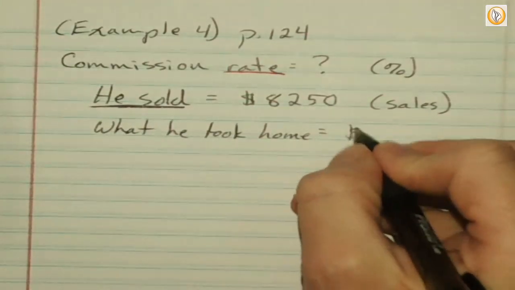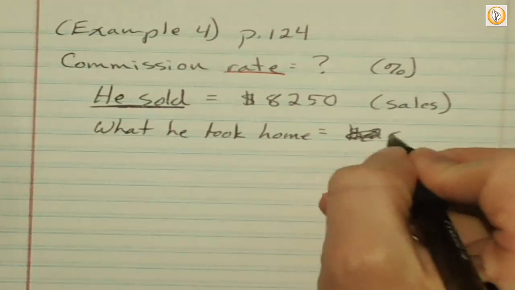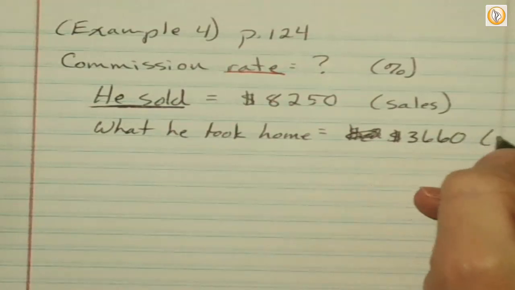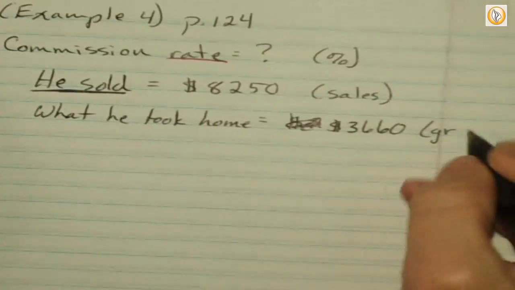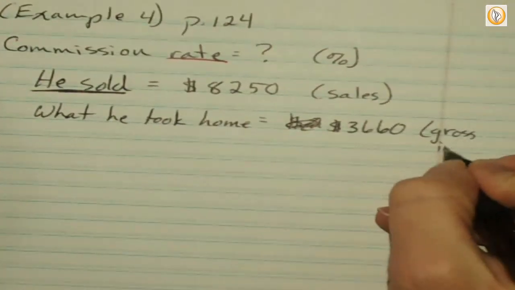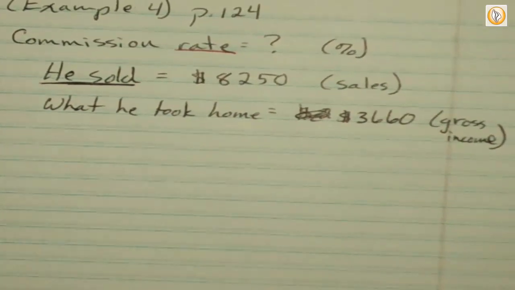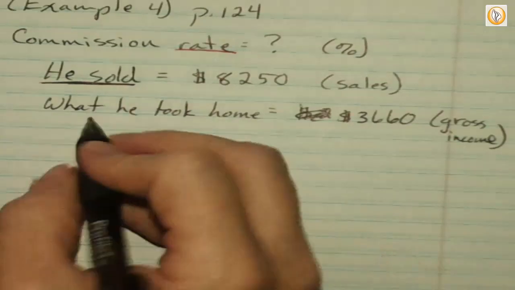That's going to be our gross income. When they say gross income, that's what you take home. And I'm putting gross income. Okay. He took that home. That's his paycheck. Okay. They said including a monthly salary.